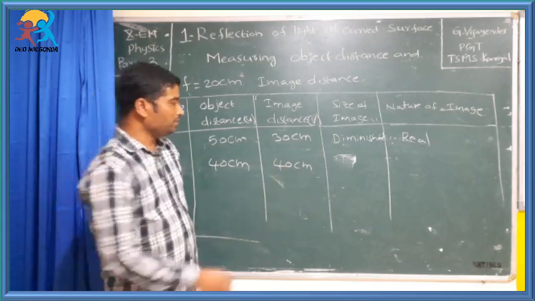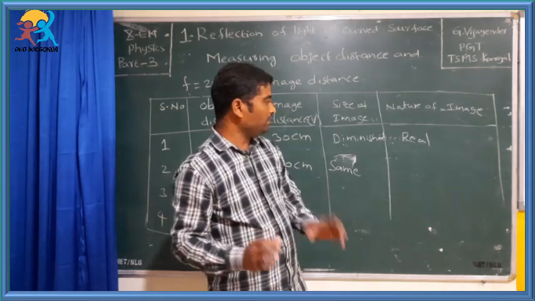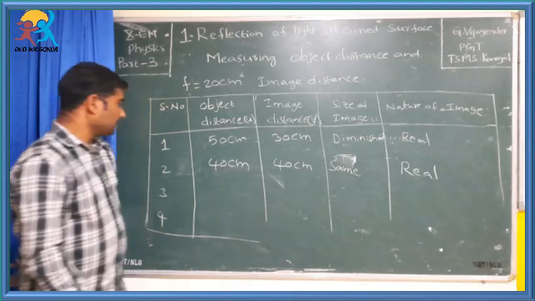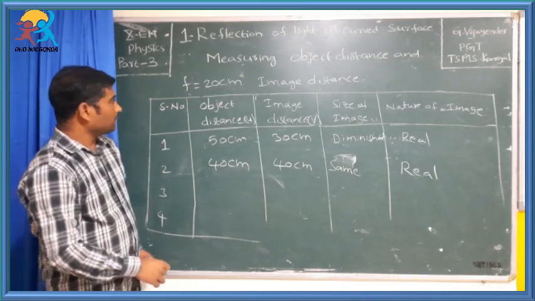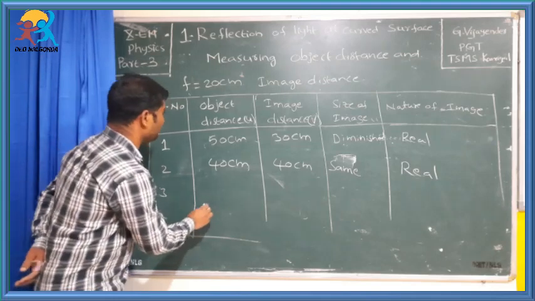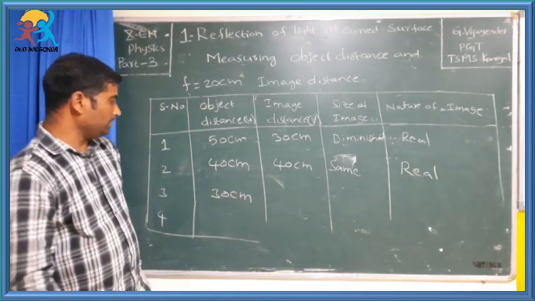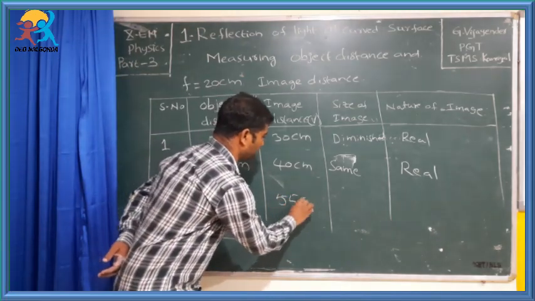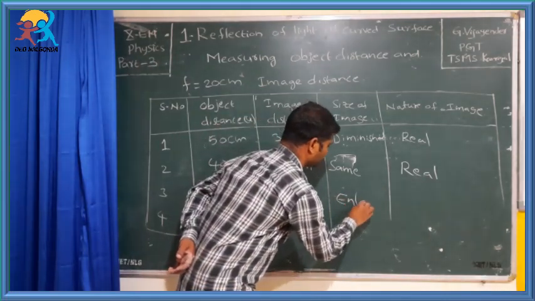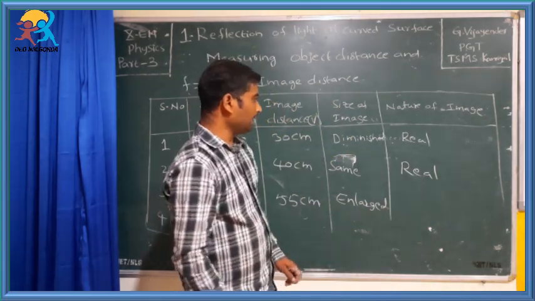The size of the image is the same, and the nature is real. In the third case, the object distance is further decreased, between F and C, at 30 centimeters. The image distance is about 55 centimeters, the size is enlarged, and it is a real image.